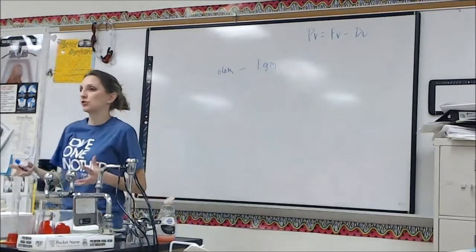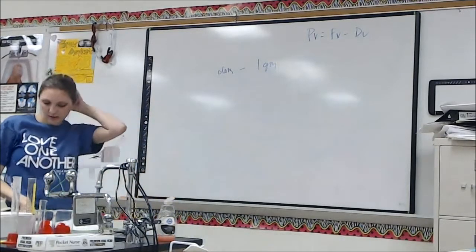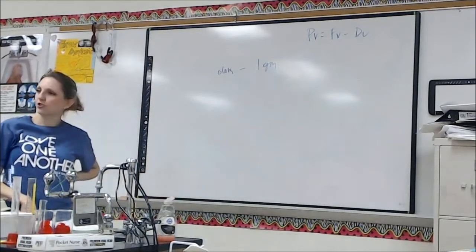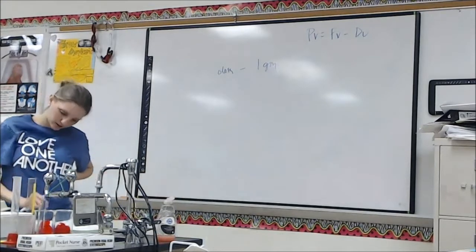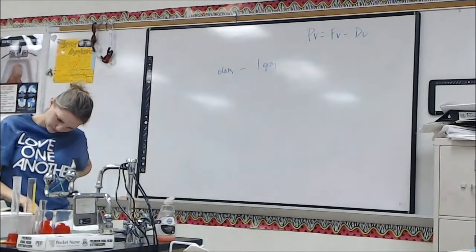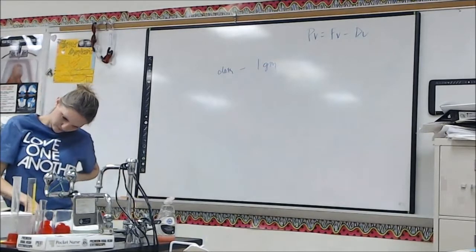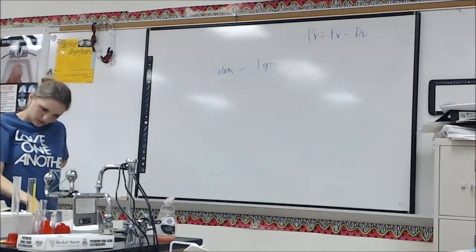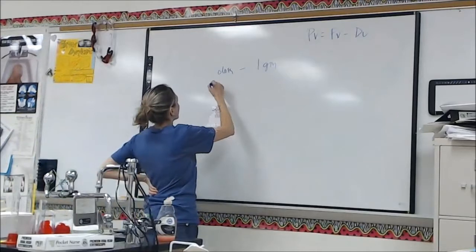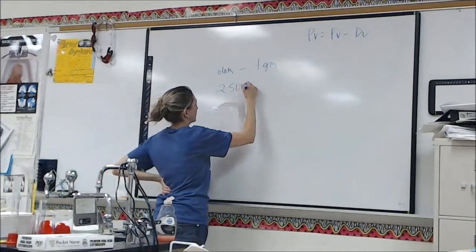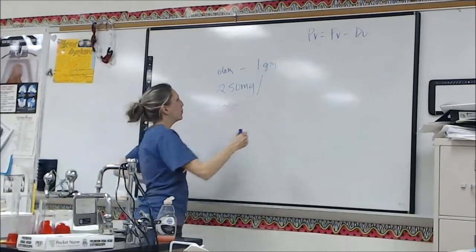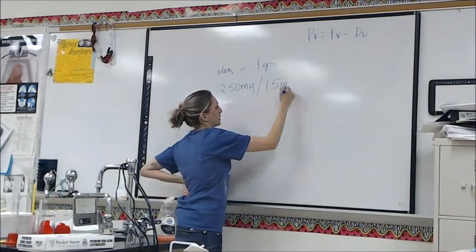Now what is the strength going to be? The strength as in milligrams per milliliters. That's our strength. Each 1.5 milliliters, 250. Good. So the strength is 250 milligrams per 1.5 milliliters.